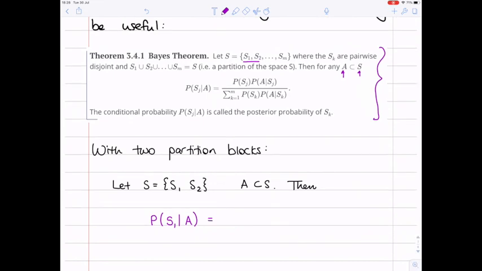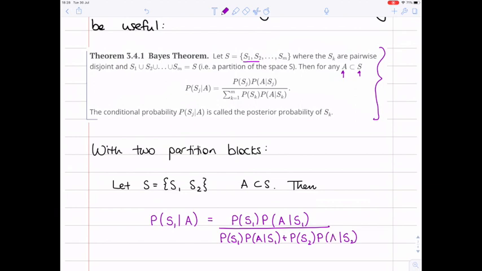This is equal to the probability of just being in that block of the partition times the probability of being in that block and getting the result that you want, divided by, in our two-block case, what we just had in the numerator, plus the probability of being in the other block of the partition times the probability of being in the other block and getting the result.